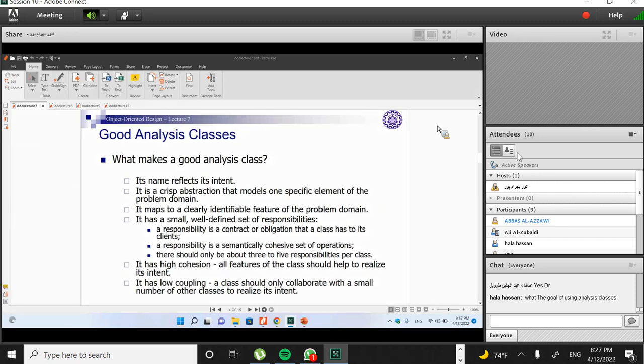In the analysis phase, we attempt to learn enough about the project to determine the parts of the project, or the components, the abstractions that are used in it. And this is an introduction to the design phase.